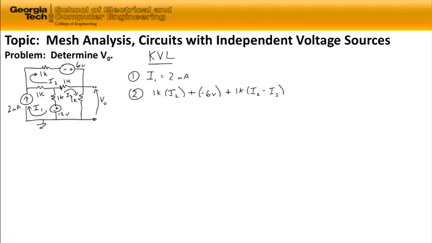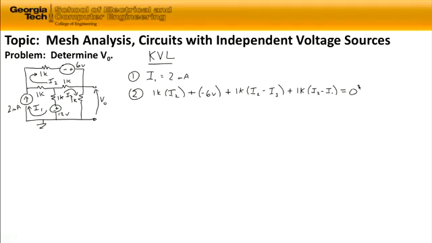Continuing past that resistor onto the next 1 kilo ohm resistor, which is shared between mesh 1 and mesh 2, it's 1 kilo ohm times the current through it, which is I2 flowing in the same direction as we're adding up our voltages, minus I1. I'm going to add that to our Kirchhoff's voltage law equation for this loop. And we then come back to the beginning of our loop, so the sum of those voltages is equal to 0.